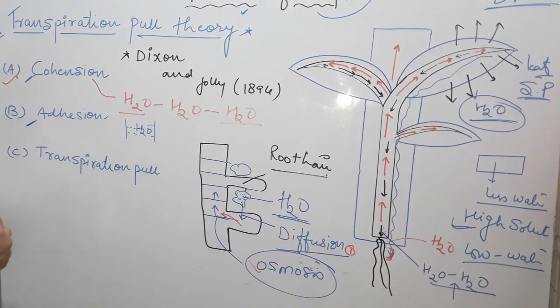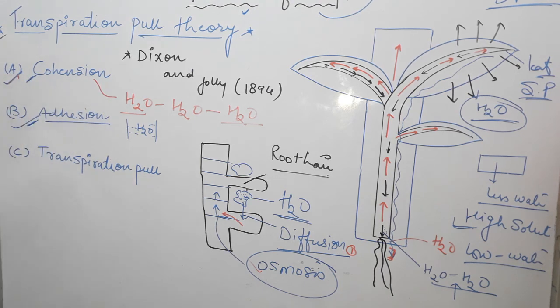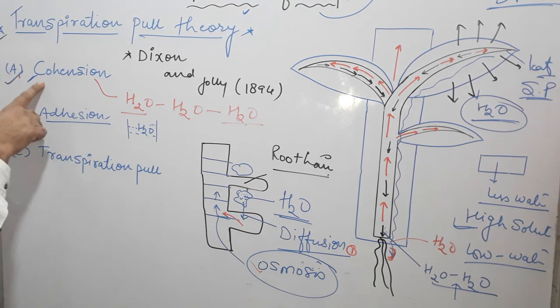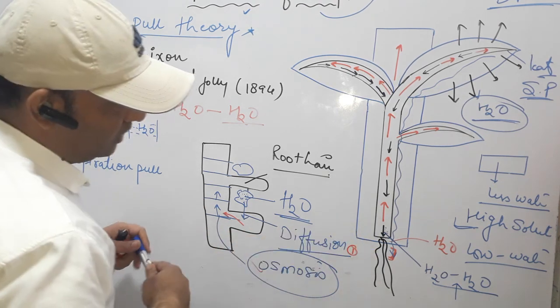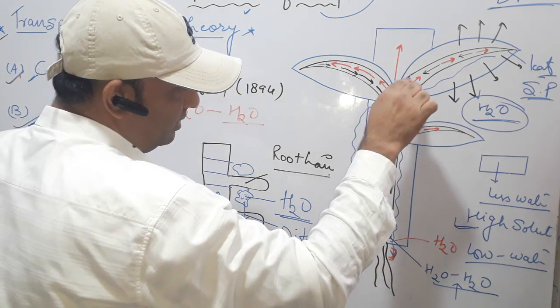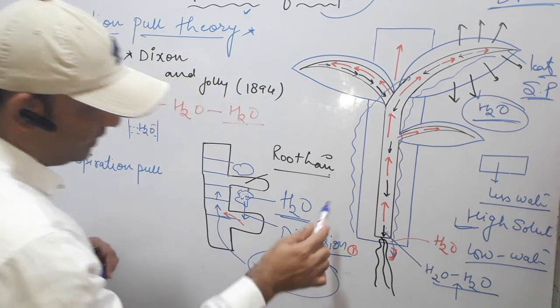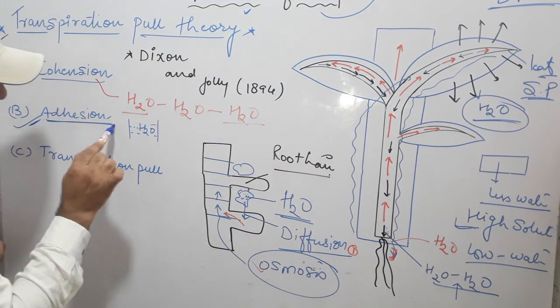So it is called adhesion. Clear? So two terms, first cohesion, second adhesion. These two terms are related to maintaining the continuity of water. Continuity means the water wave starts and then transfers water to the different leaves. So it is called continuity. This continuity is maintained by cohesion and adhesion.